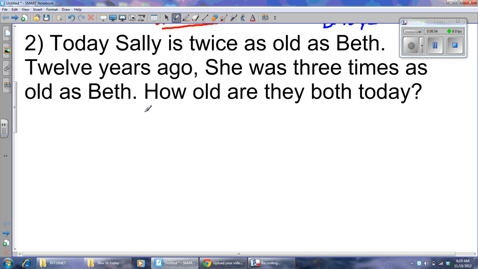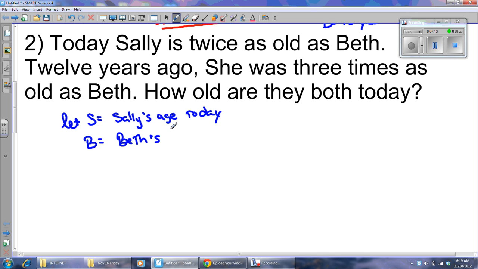Today, Sally is twice as old as Beth, so I'm going to let S equal Sally's age. Now that's today. I mean, on the last problem I assumed that, but I guess I should write that in. And then B is going to equal Beth's age today, right? And I have my first equation. I know Sally is twice as old as Beth.